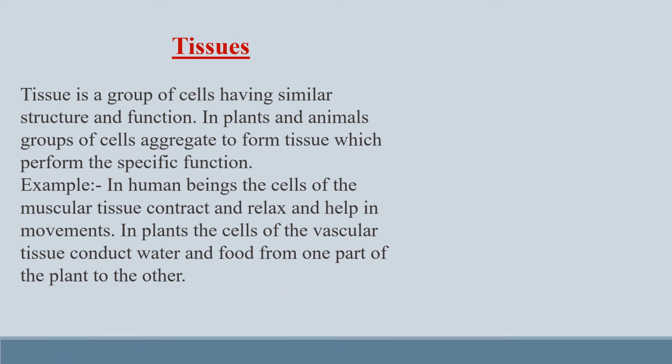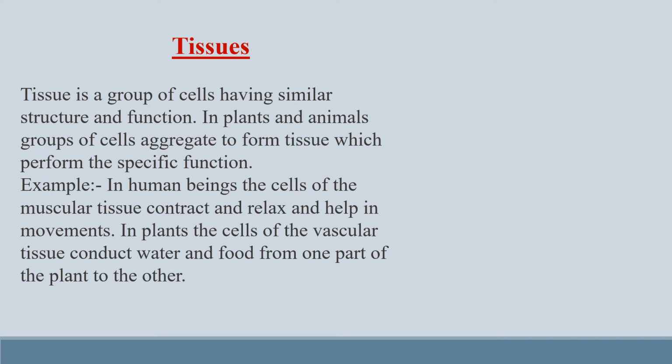Blood, phloem, and muscles are examples of tissues. So in a nutshell, we can define tissue as a group of cells having similar structure and function.